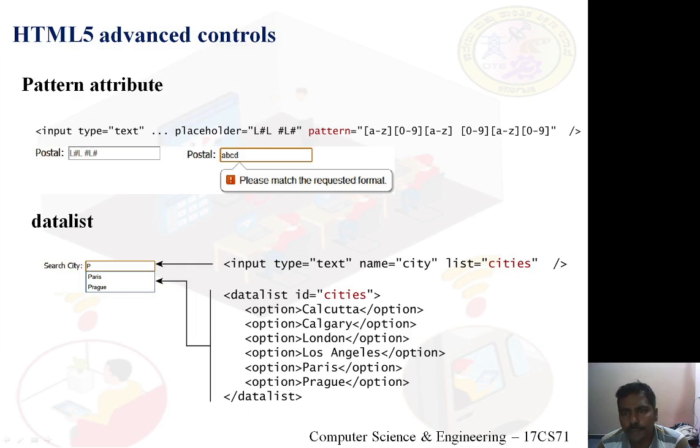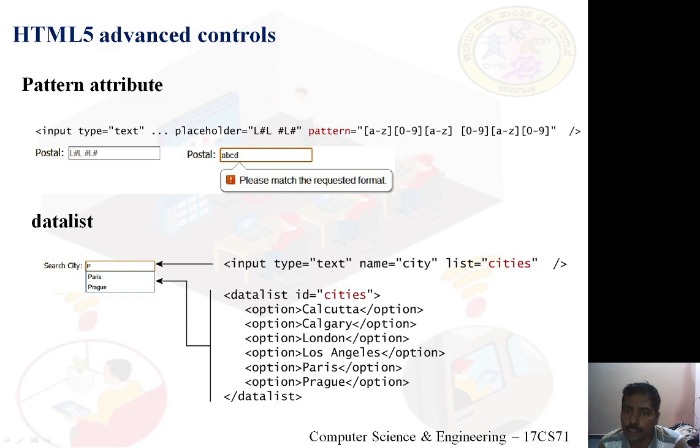It specifies, for example, I will look at this example. What I used, pattern equals within square brackets a to z. It means to say the first character should be an alphabet. That should be followed by a numeric, again followed by alphabet.